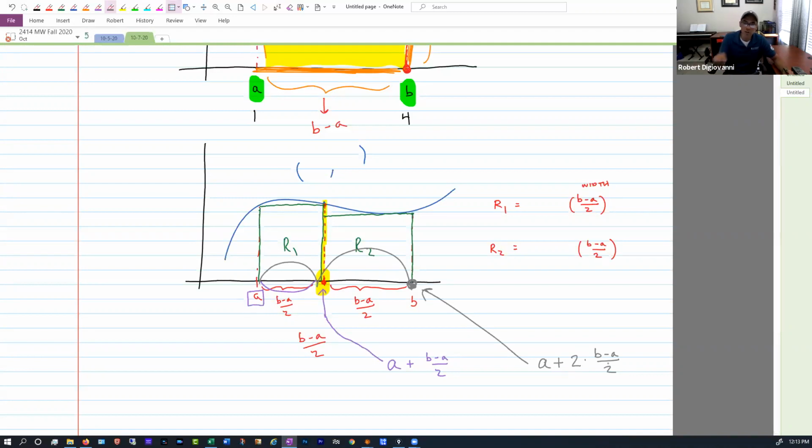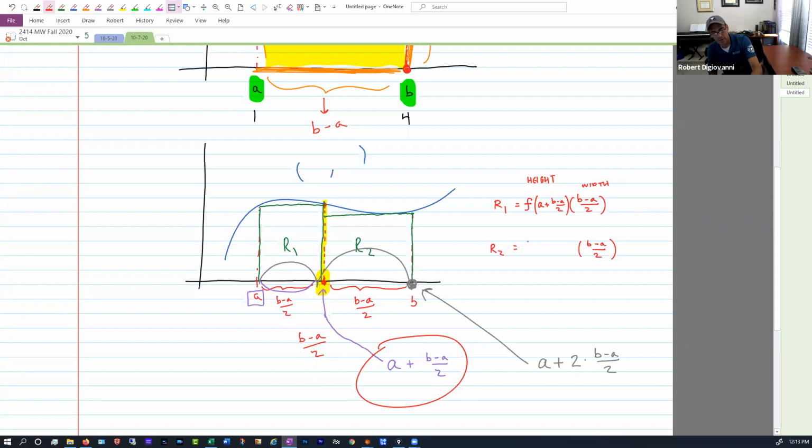Now, I know you're going to look at both of those and be like, why are you making that so ugly looking? But trust me, this is going to be a good thing, all right? So agree with me or not. The height of the first rectangle is whatever I get when I plug into the original function this point right here, which is A plus B minus A over 2.